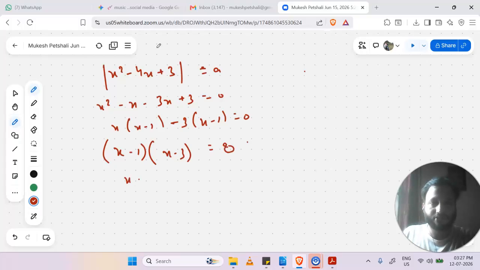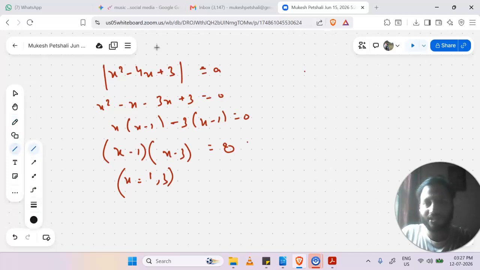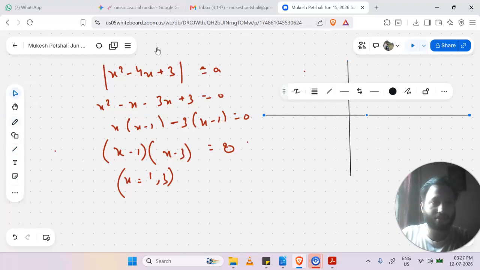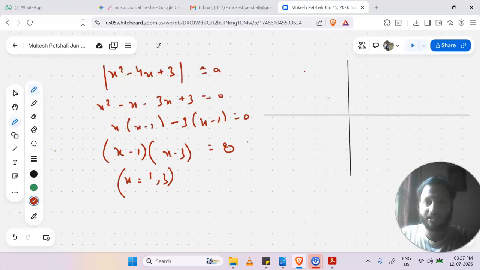So x is equal to 1 and 3 are the roots of this equation. If I ask you now, what should be the shape of this curve? Let's say this is the Cartesian plane. So the shape of this curve has to be, this is 1 and this is 3, let's say. So this is the likely shape of this curve.